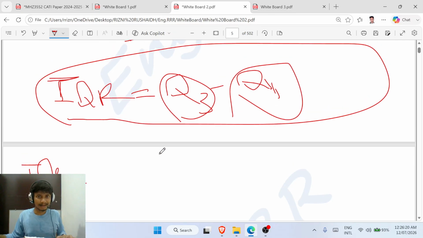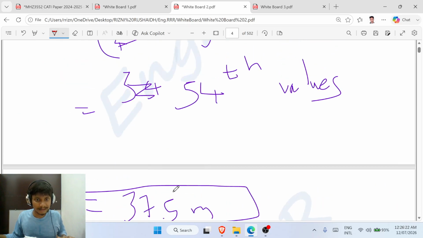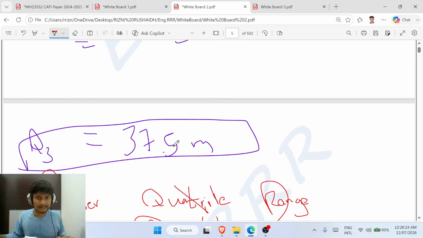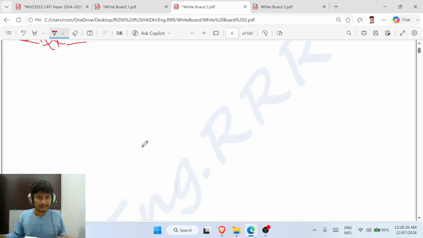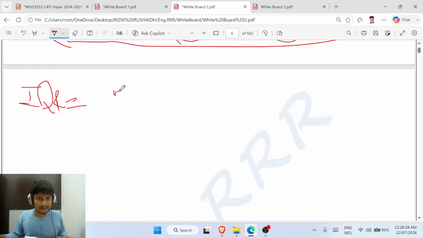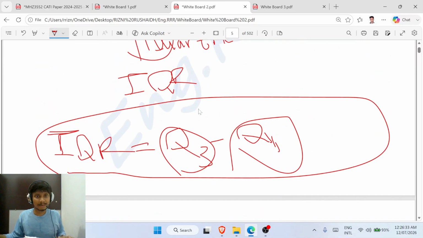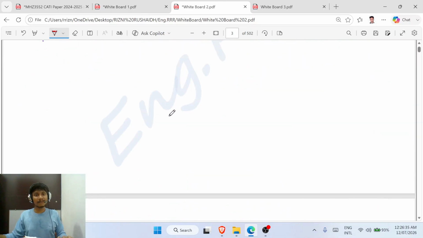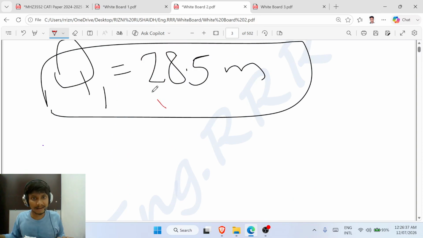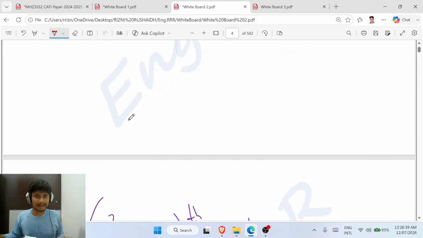IQR is equal to Q3, which is 37.5 meter, minus Q1, which is given data, 28.5 meter.